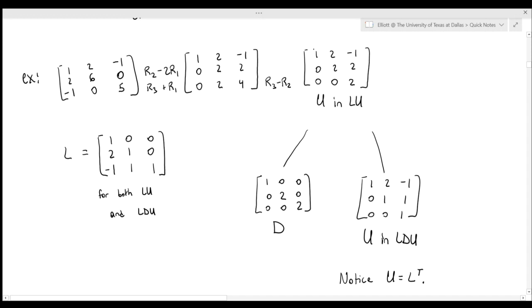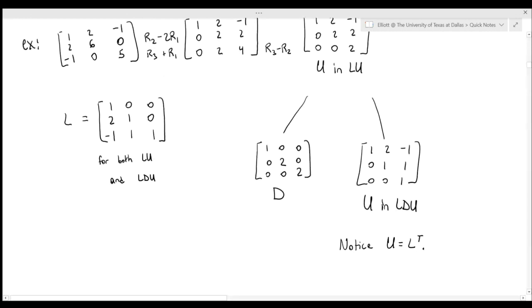That happens because our matrix was symmetric to begin with. Hence, instead of writing A equals LDU, since the U is the transpose of the L, you can write it as A equals LDL transpose. Okay?